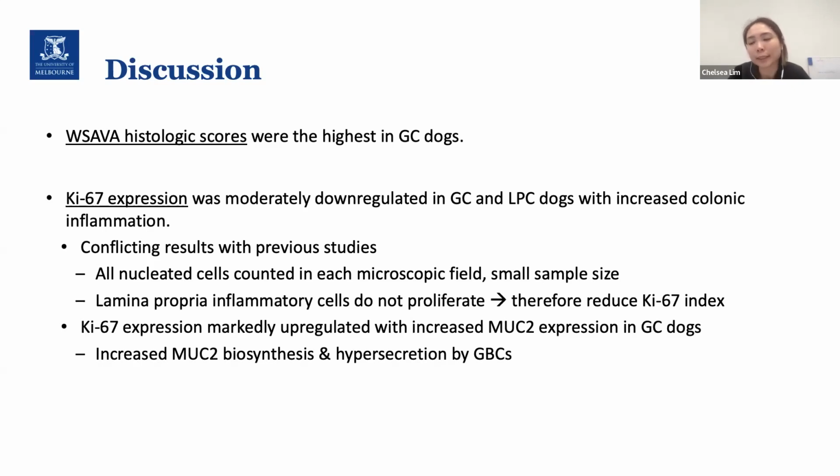Ideally, we would have considered assessing the spatial distribution of Ki67 activity in our biopsies, for example, upper and lower crypts, lamina propria, colonic epithelium, but this fell outside the scope of our study. Additionally, Ki67 was markedly upregulated with increased MUC2 expression in the GC group, which may be in part due to enhanced MUC2 biosynthesis and hypersecretion by goblet cells.